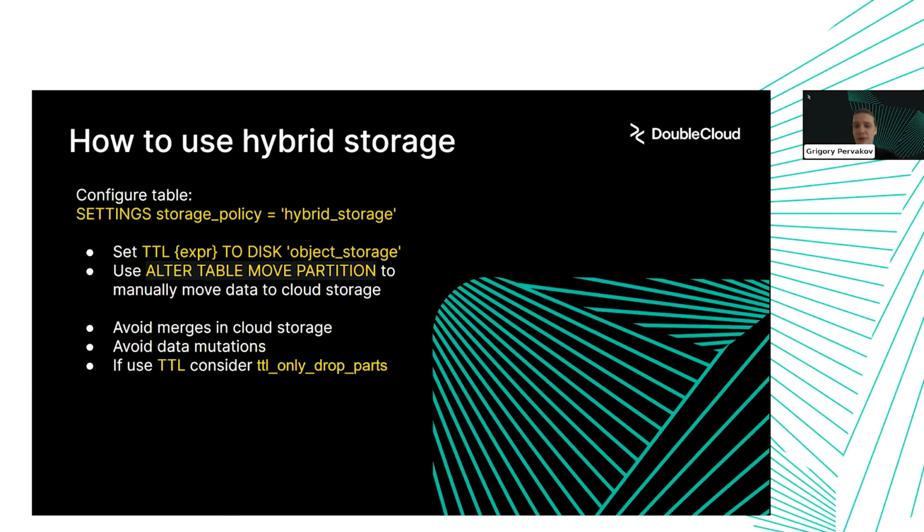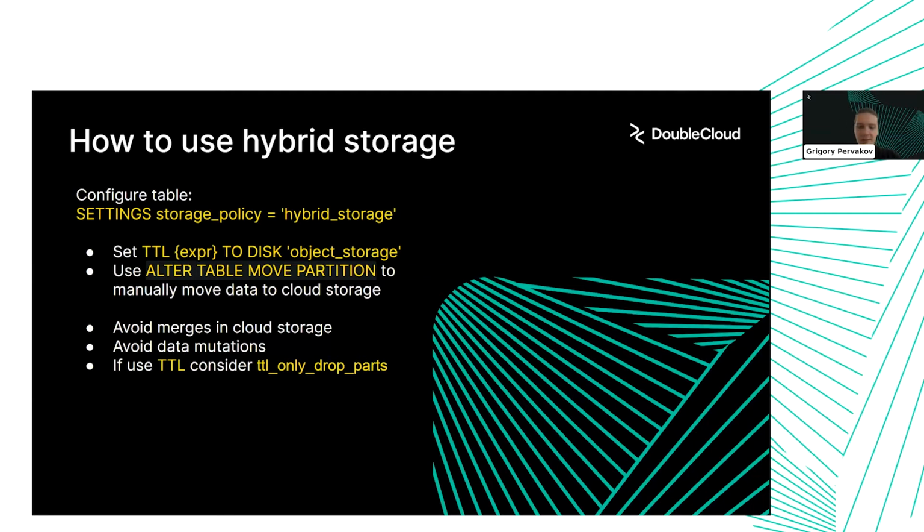It's always a slow operation in ClickHouse, so it's better to do it on the local disks and only then upload to the cold storage. And if you need to clean up your data set by TTL, it's better to use the ttl_only_drop_parts setting, because it makes data deletion much faster and also saves you some resources.